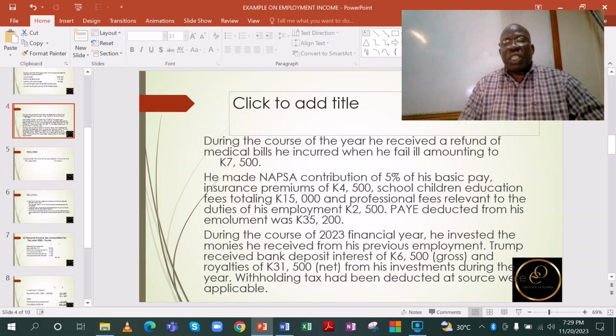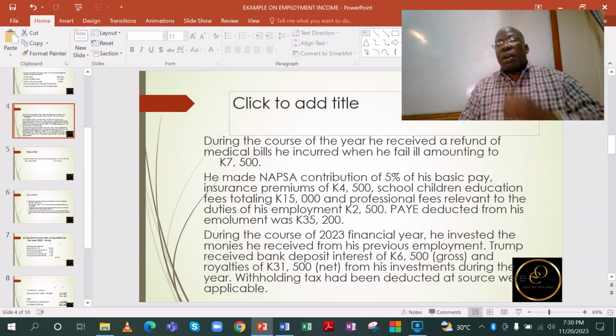Then he also paid an insurance premium of 4,500, school children education fees totaling 15,000, and professional fees relevant to the duties of his employment of 2,500.